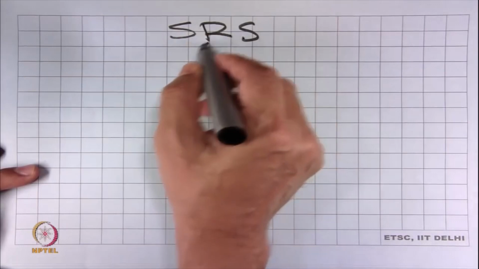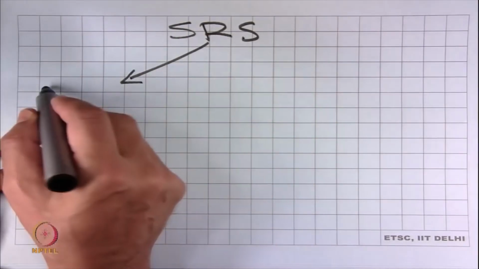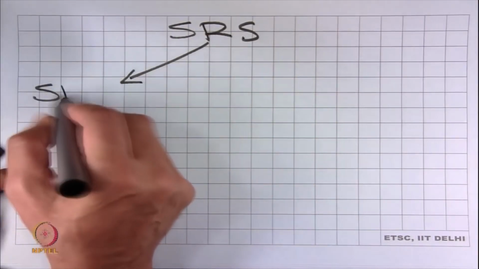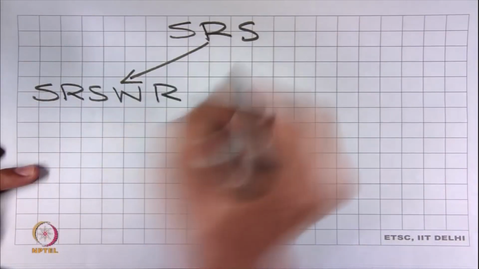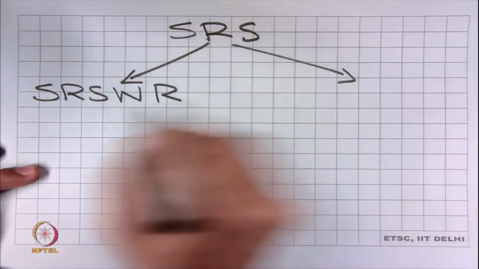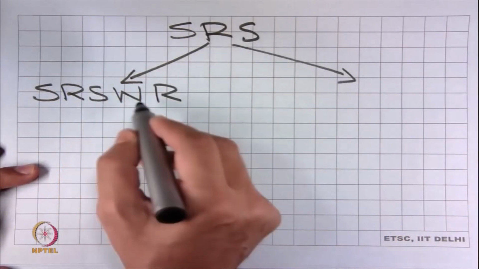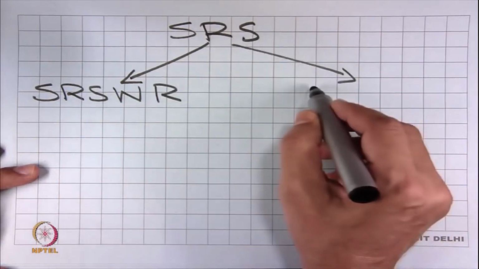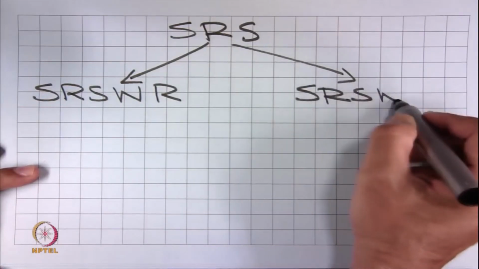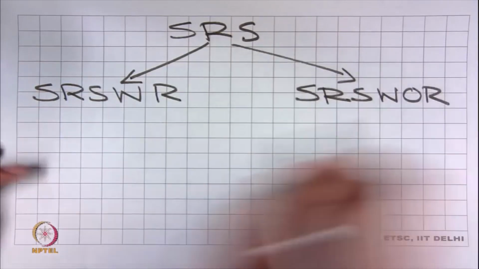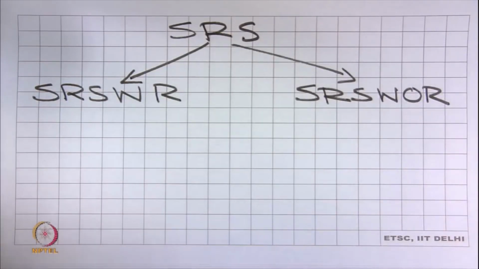In fact, we have talked about two ways: SRSWR, which is simple random sampling with replacement, and SRSWOR, which is simple random sampling without replacement.